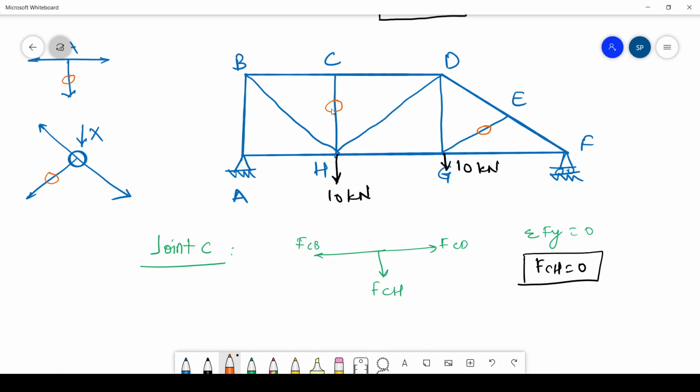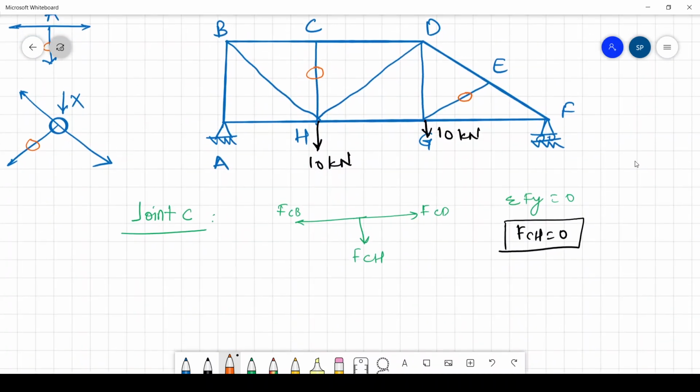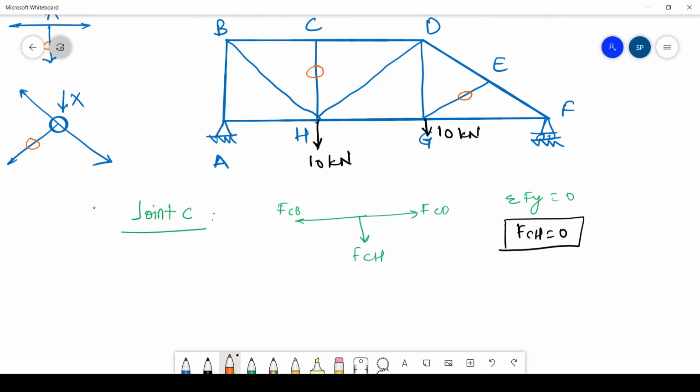Why provide that member in the structure? Now there is a reason behind the provision of this member. There is a term, kinematic stability. The structure will not be kinematically stable if you remove this member.